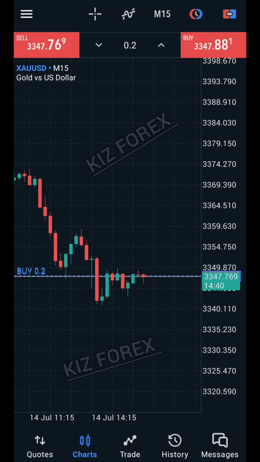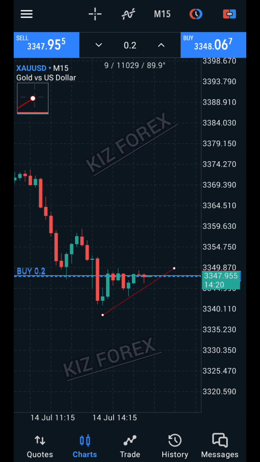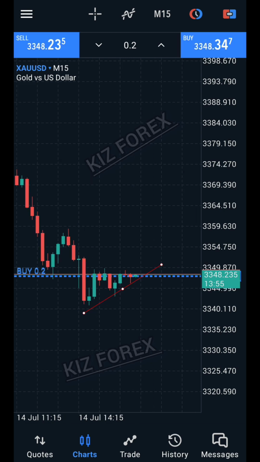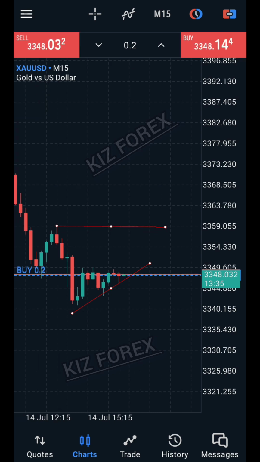So that's why I'm taking this particular entry on gold. As you can see on this line I'm drawing, it's doing a little trend in that particular zone, and I'm targeting this particular side up, that the price should get to this point.